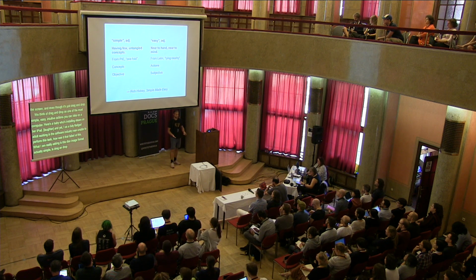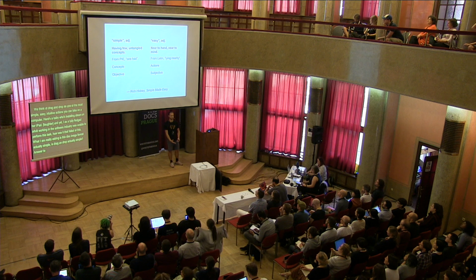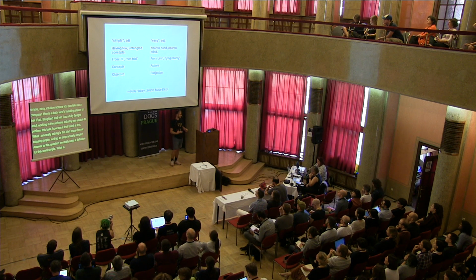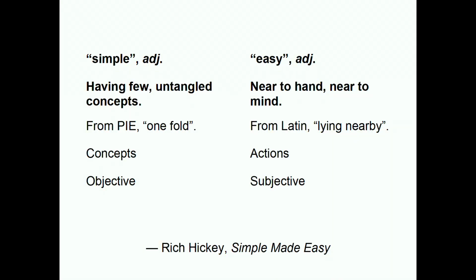And to answer this question, we really need a definition for this word, simple. What is simple? And for this, I've taken inspiration from a talk called Simple Made Easy by Rich Hickey. And in this talk, he makes a distinction between two words which we usually use kind of synonymously, simple and easy.